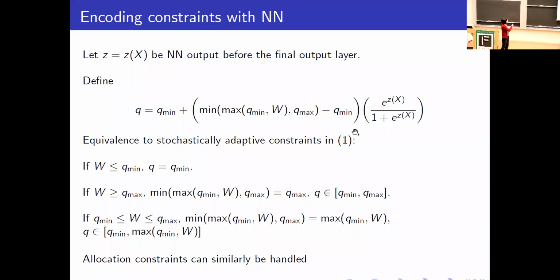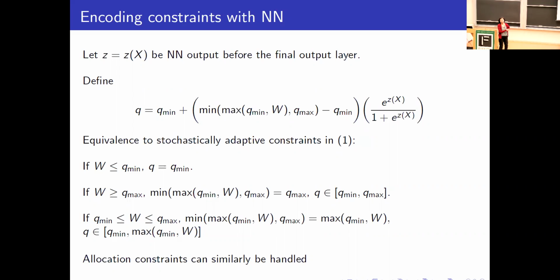This is basically a shifting and scaling adjustment applied to a sigmoid function. You can easily verify that this simple encoding is equivalent to the constraint we have for the withdrawal. For example, if wealth is less than Q min, this will give you Q min, and so forth.